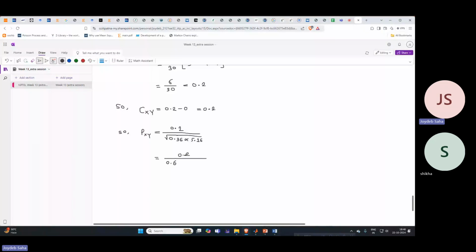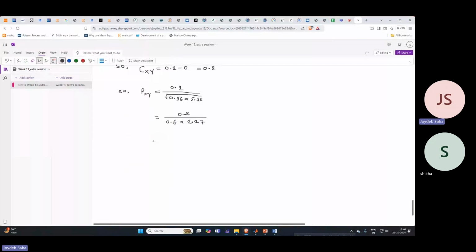This is 0.6 multiplied with 2.27. So the final value is 87.15.